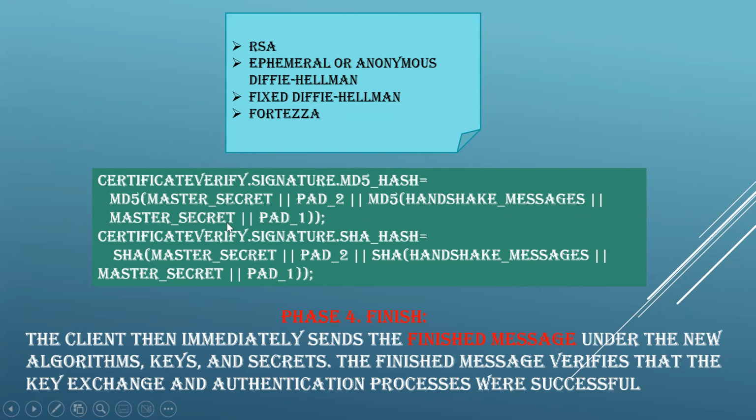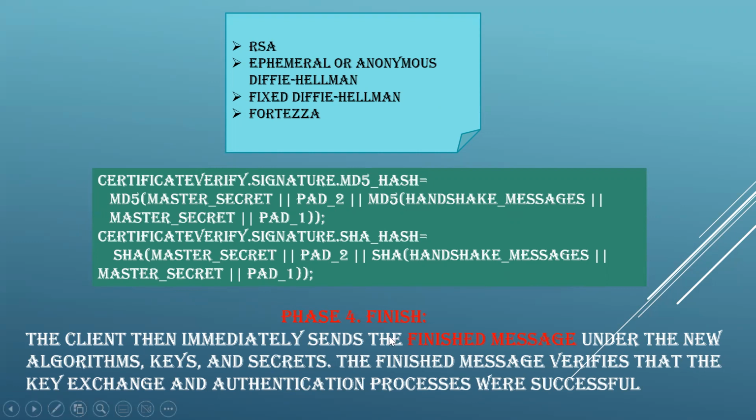MD5 means this is the procedure, and SHA means the same procedure wherein the hash algorithm is replaced by the SHA hash algorithm. Within that you will have handshake messages that authenticate the client and the server, the master secret is shared, and finally it verifies the certificate.